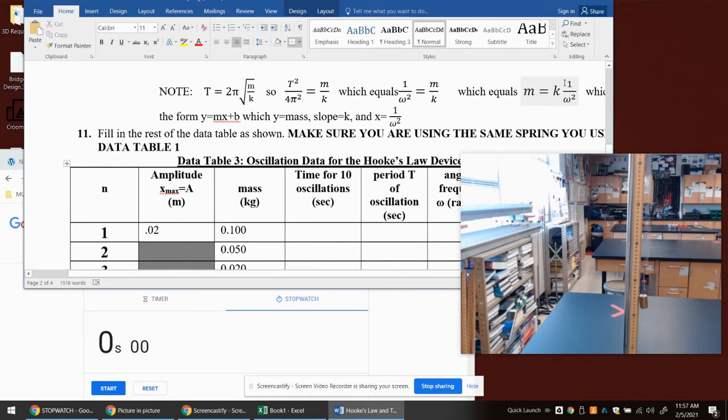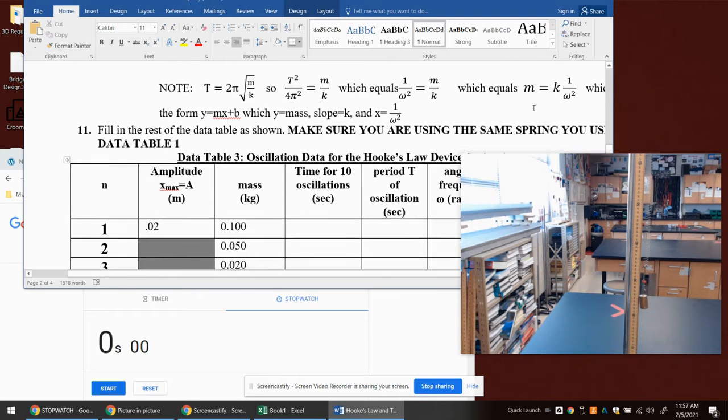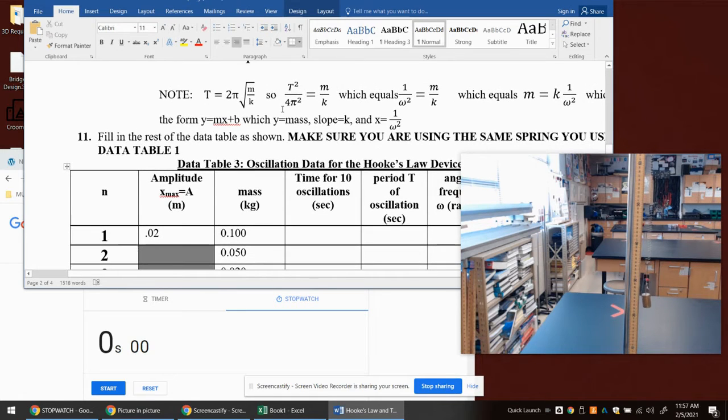So this is mass, this is slope, and 1 over omega squared. Omega squared is equal to 2 pi over the time. So when we are solving this, and we'll talk about omega more at a later point, you will see this is omega, the omega value right here in the equation.